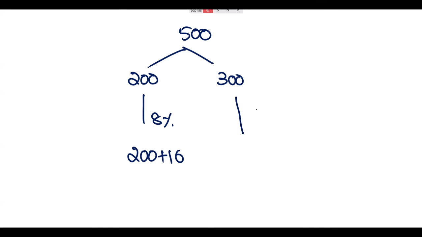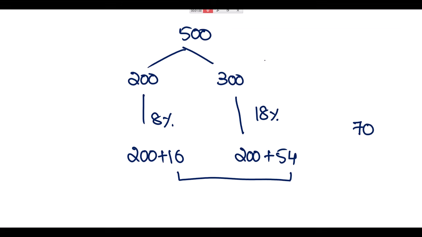Whereas for this, 1% is 3, so 18% means 54 rupees extra. How much profit are you getting? 70 out of 500 into 100, which is 14%.